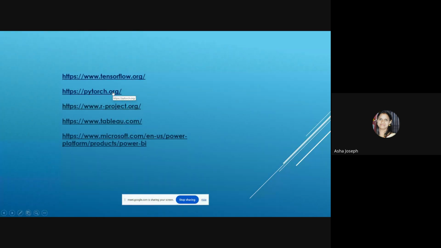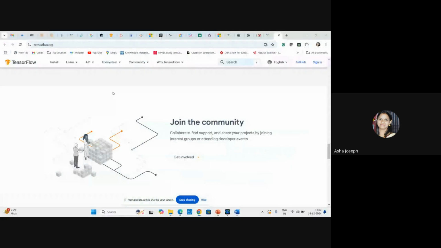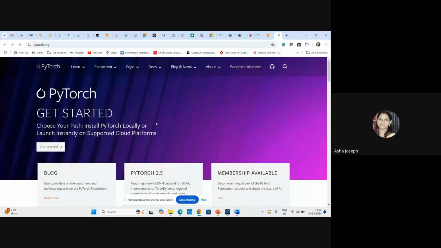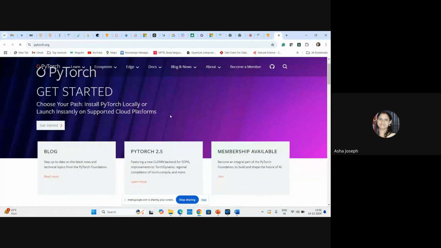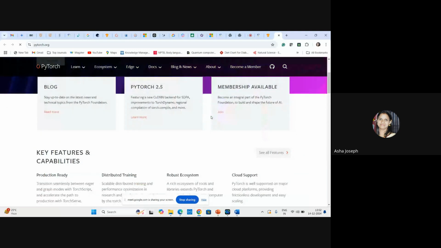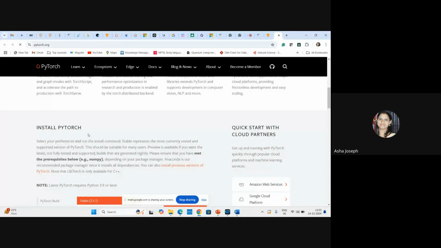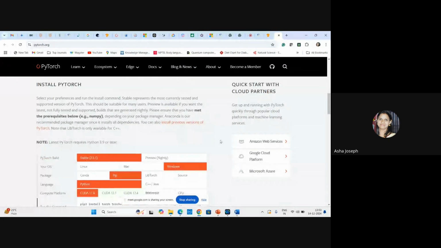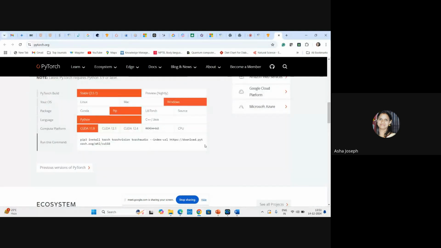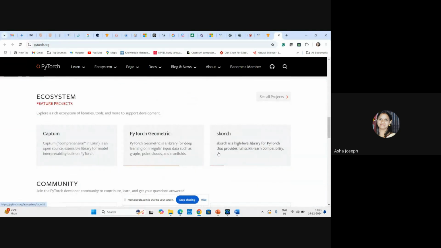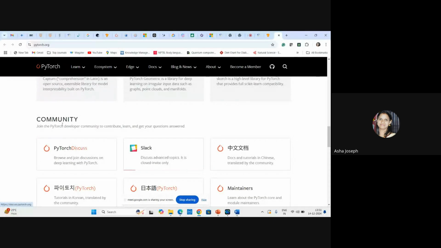Next, other than TensorFlow, is the PyTorch organization. It is similar to TensorFlow. PyTorch is a Python library, right? Here also you can see how to install PyTorch, the ecosystem, and the community.